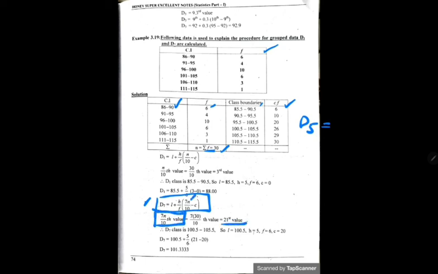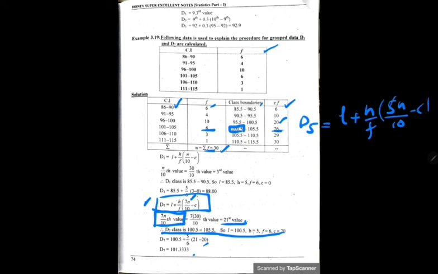You get the 21st value here, which lies in this column 26. The corresponding class boundary 100.5 is L, f is 6, and C is 20. Just put these values in. D5, as I showed you before, becomes the median. Now you know median is equal to Q2, and Q2 is equal to D5.